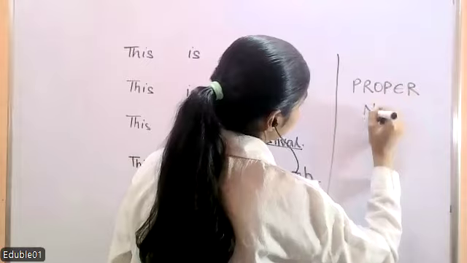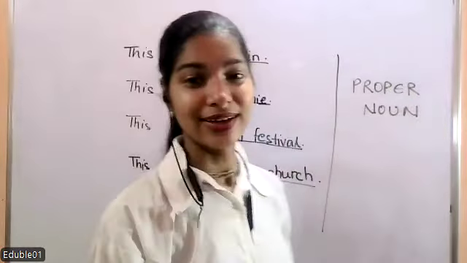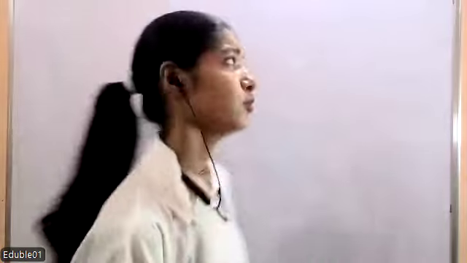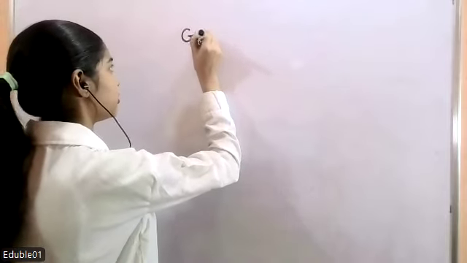Okay, kids? Getting it? These are called proper nouns. So, kids, till now we have learned about two types of nouns, common noun and proper noun.